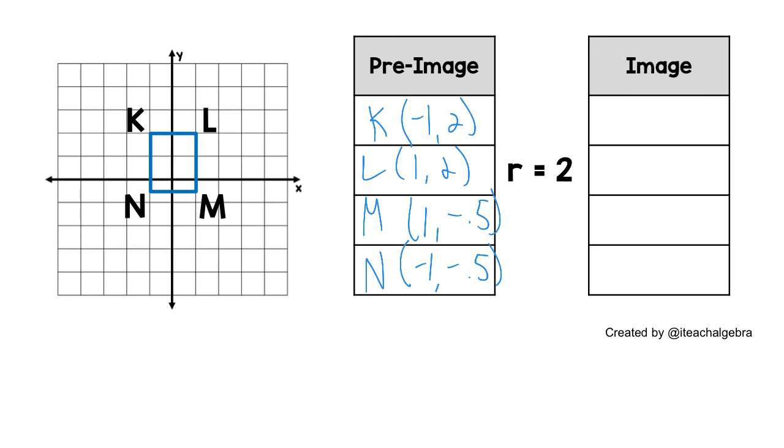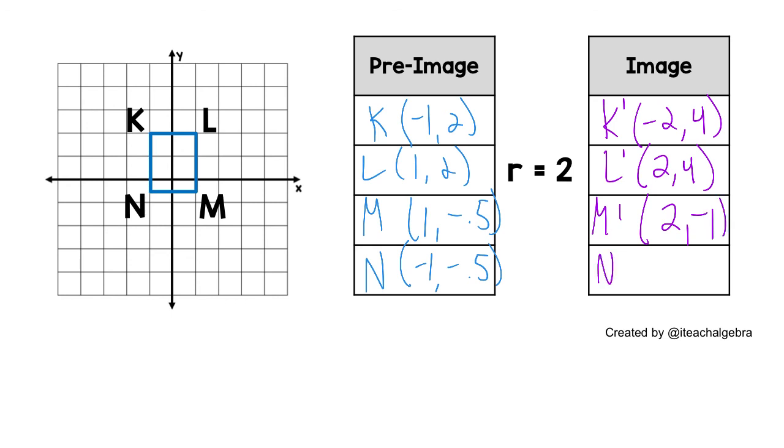So we can multiply and then find the coordinates for our new image. K prime is at -2, 4. L prime is at 2, 4. M prime is at 2, -1. And N prime is at -2, -1.